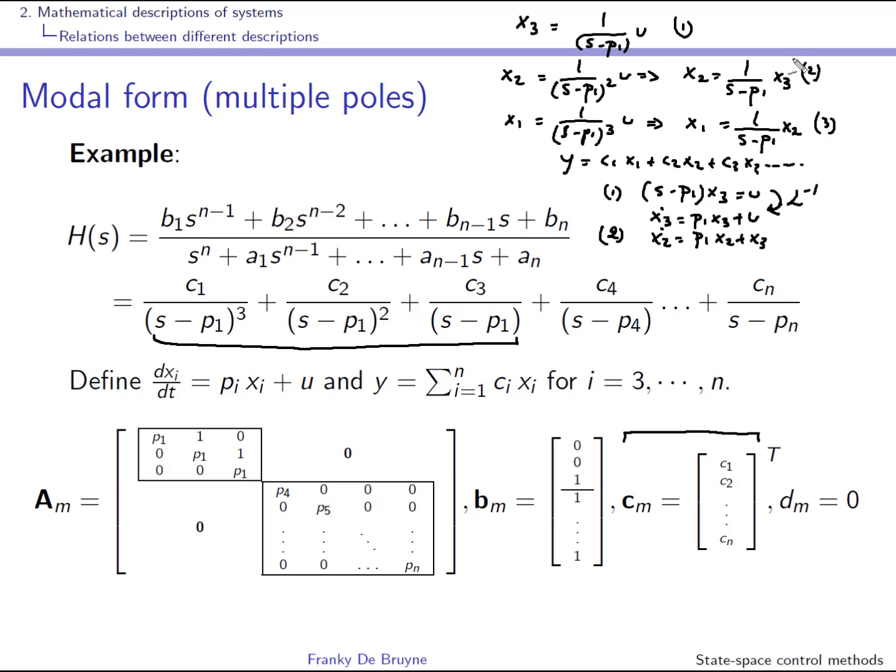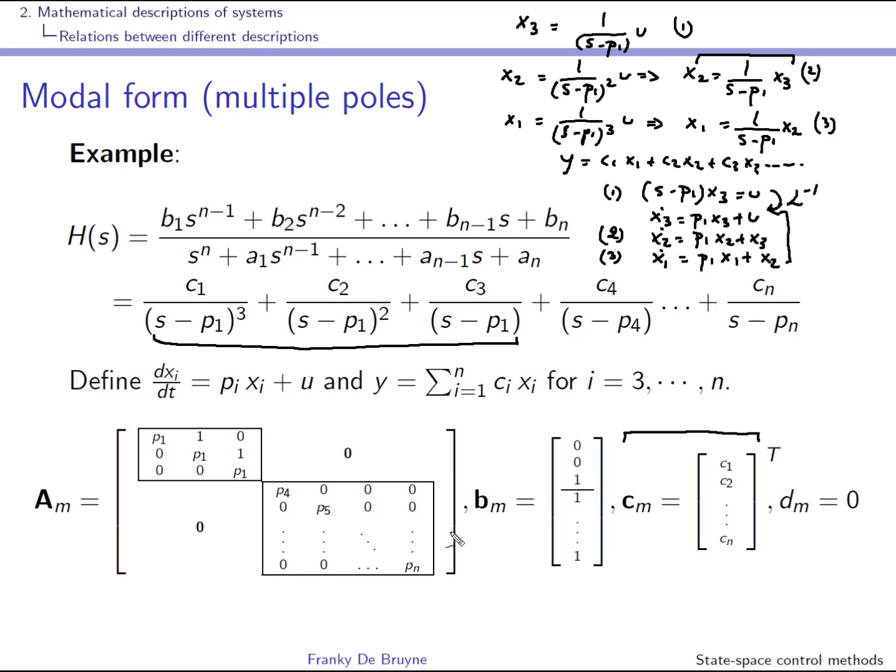Okay, and the third equation here will yield x1 dot is equal to p1 x1 plus x2.